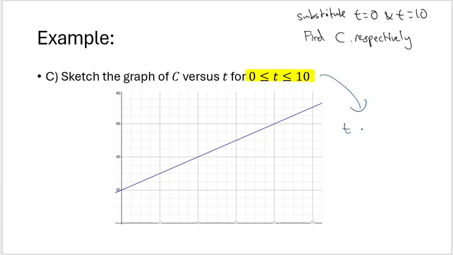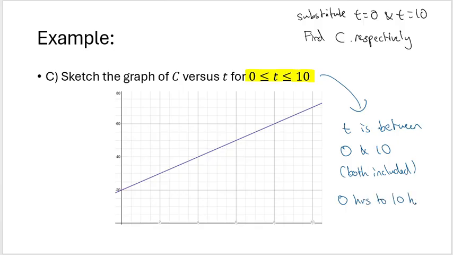This just means T is between 0 and 10, and they're both included. That's all it means. So the time that it took to rent from 0 hours all the way to 10 hours.